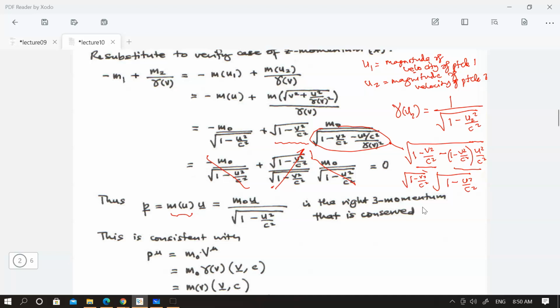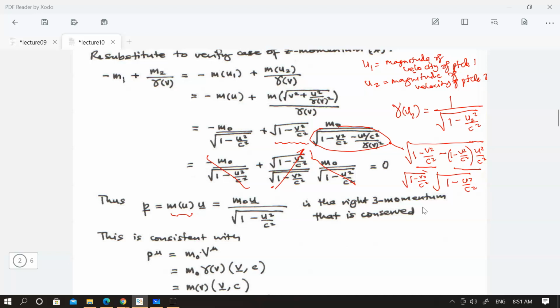Using the formula above, this equals m naught, your rest mass, divided by the square root of 1 minus u squared over c squared, multiplied by u. So this is the right three momenta that should be conserved in this particular picture.